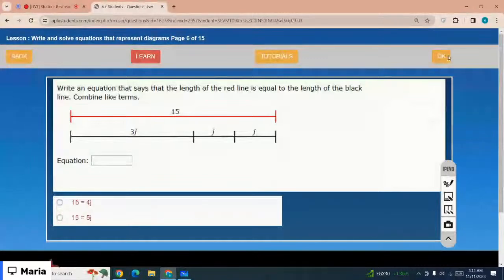Write an equation that says that the length of the red line is equal to the length of the black line. So which is the correct option?